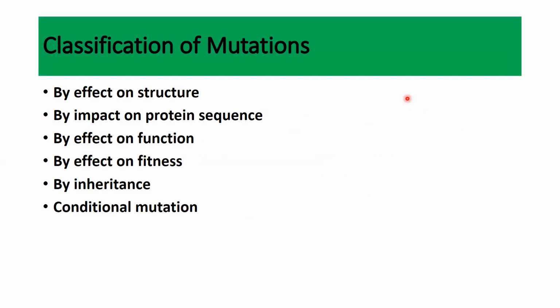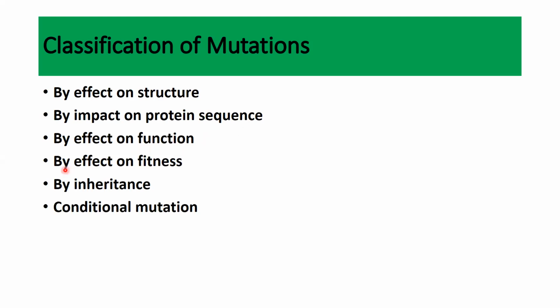There are several different ways to classify mutations. We can classify mutations by their effect on the structure of genes or DNA or chromosomes. We can classify them based upon their impact on protein sequence or how they will affect the function of the protein.